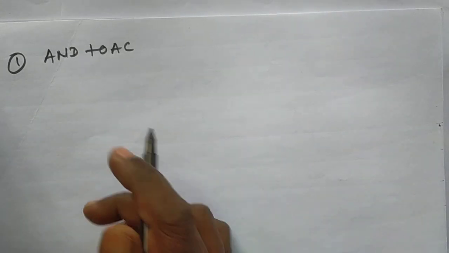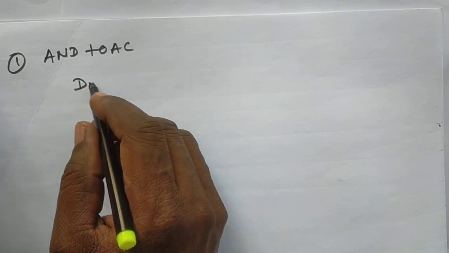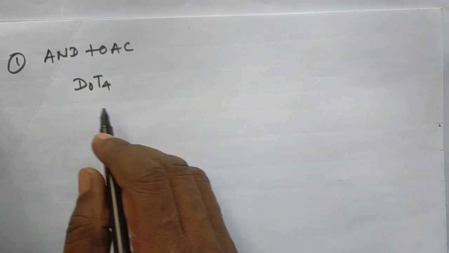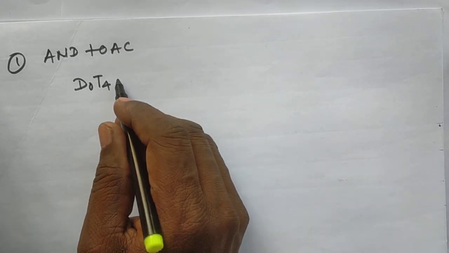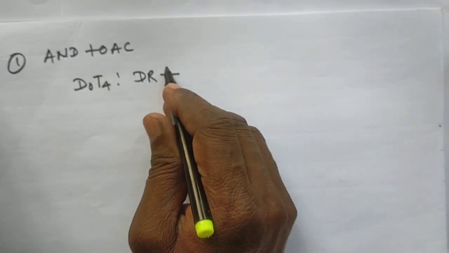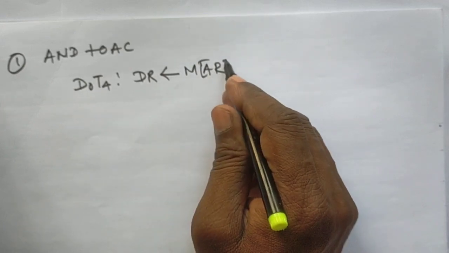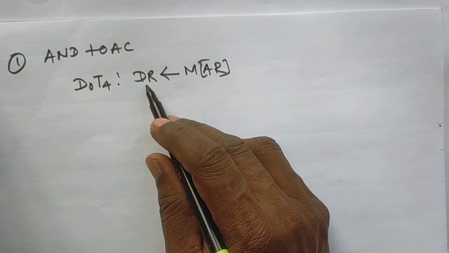So the statement is defined like this: D0 for AND, and the time is T4. D0 T4 is defined like DR: the data is transferred from memory, using the address register, to DR.